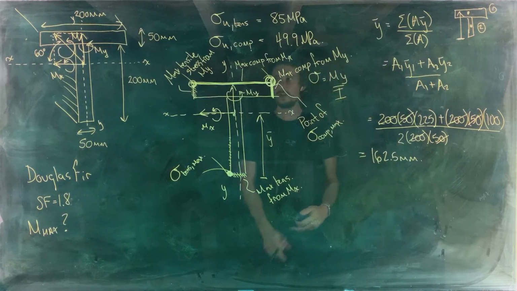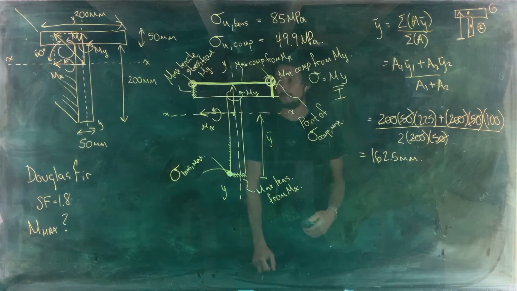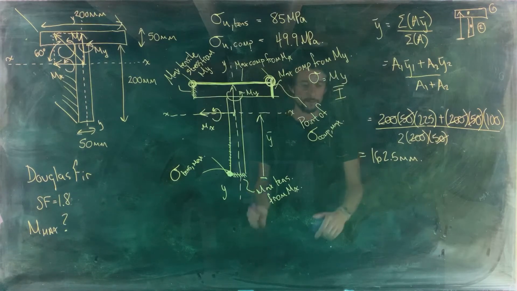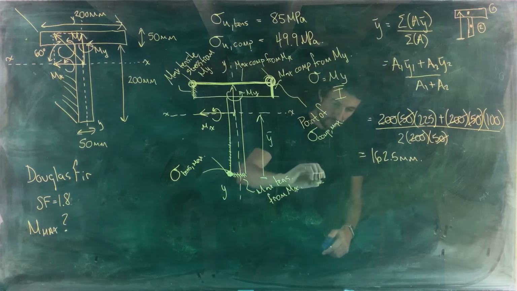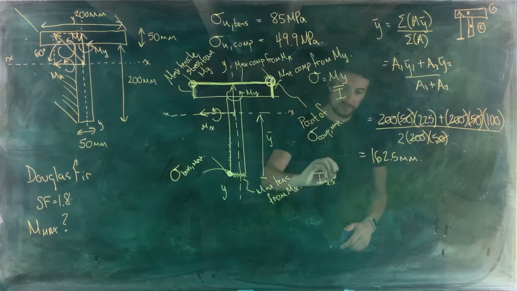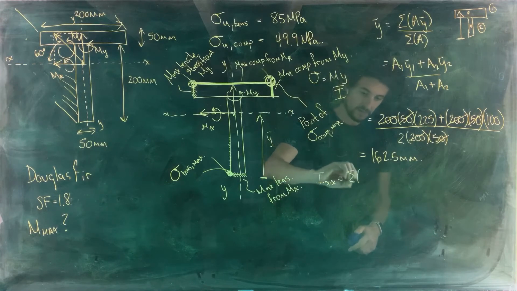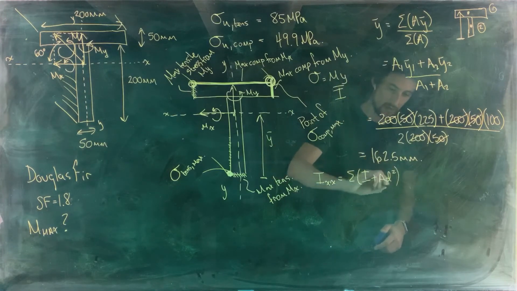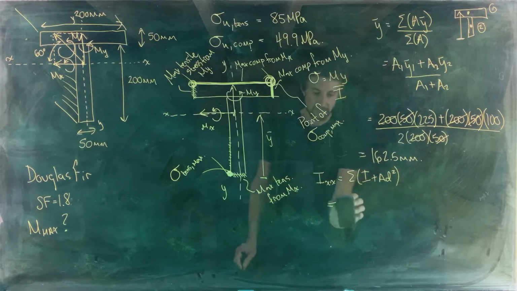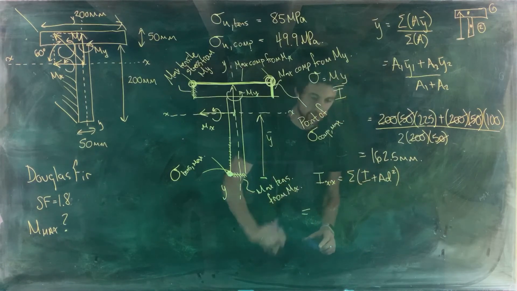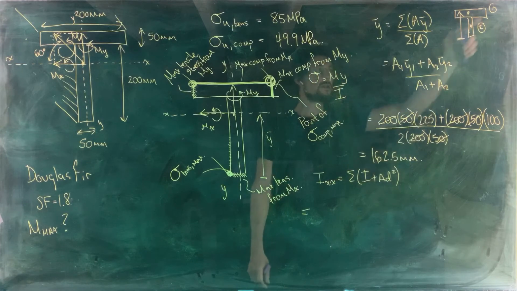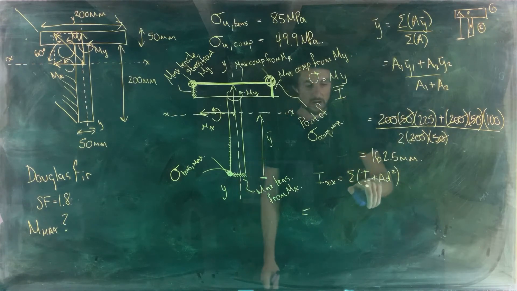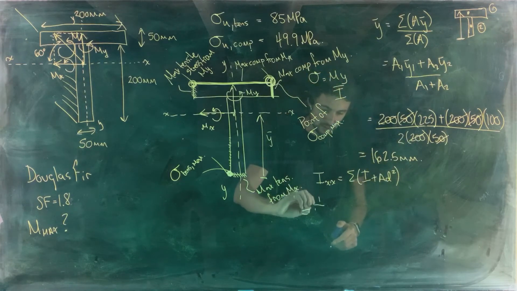Now we can use the parallel axis theorem to figure out the moment of inertia about the x-axis. So we've got the sum of I plus A d squared. For the top piece, I is 1/12 base times height cubed.